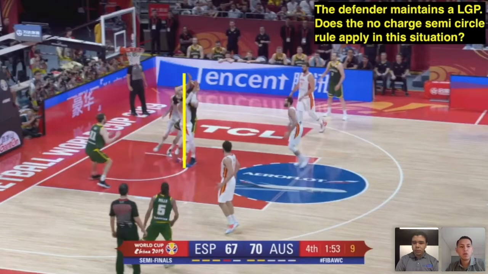In this case, we have the defender establishing a legal guarding position over the semicircle area, and we have the offensive player right on the floor. So the semicircle rule does not apply, and we call this play a block charge 100% situation. In this case, this is an offensive foul.